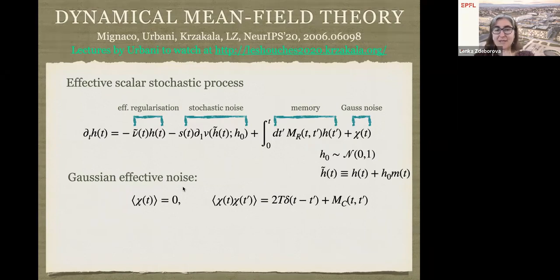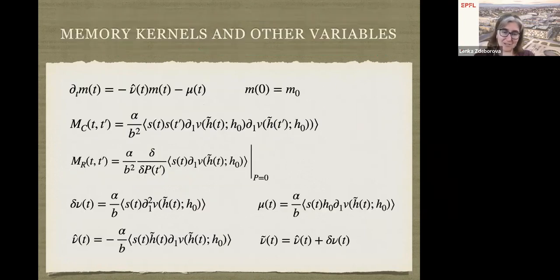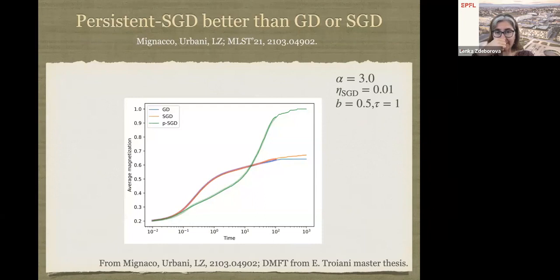So as with the other methods that at first were heuristic physics methods, now this is a theorem. So there is this effective scalar system that actually describes the dynamics, from which we can derive the test error at a given time and any kind of related quantity that we want. This is just the full set of equations to state that system. I won't be going really into the details of that.